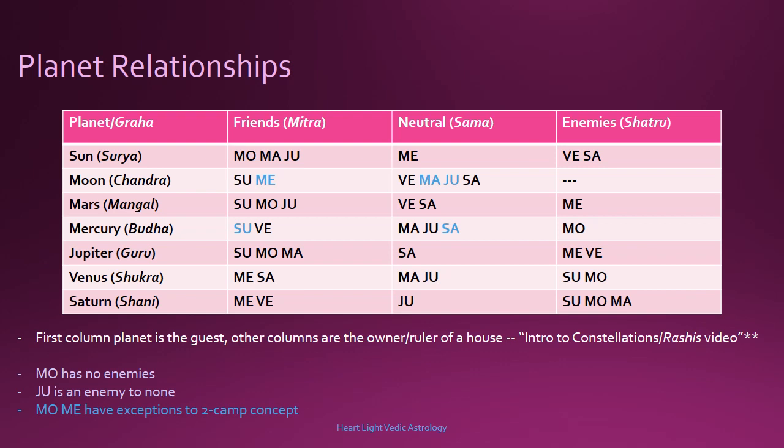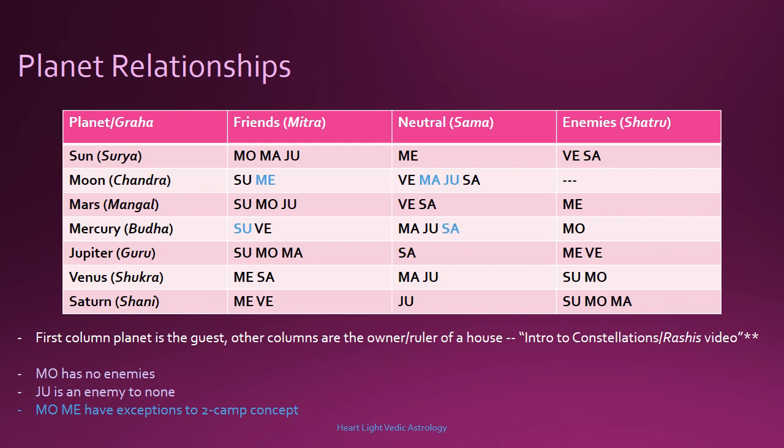If the Sun is in a constellation ruled by Venus or Saturn, so Venus rules Libra and Taurus, and Saturn rules Capricorn and Aquarius, then the Sun would become weaker. Now you can see in the Sun's line here, the friends are Moon, Mars, Jupiter.